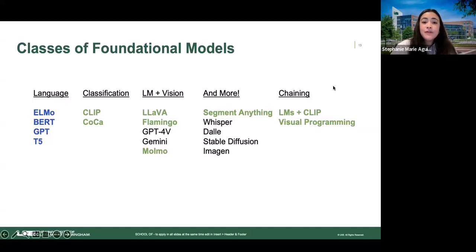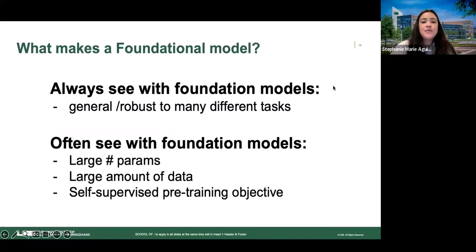So to understand this, you have to always see foundation models as being able to do multiple tasks. It's not just a classification task, it's so much more than that. And what you'll have is large numbers of parameters, large amounts of data, and always this self-supervised pre-training objective.